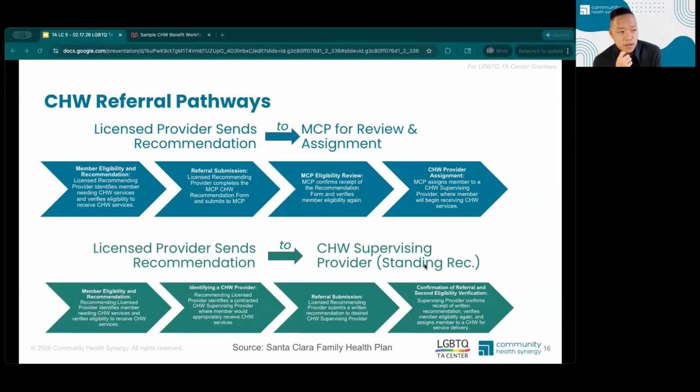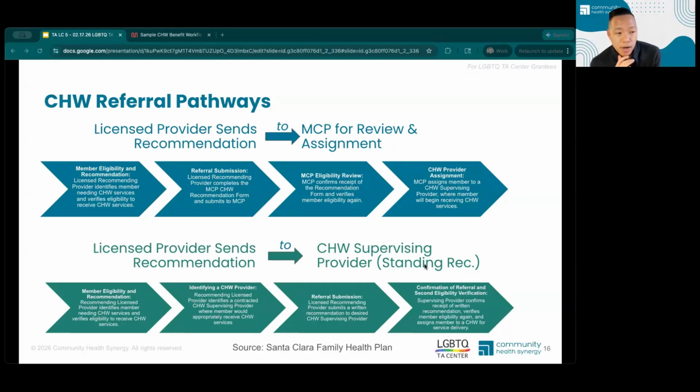It could be just anyone, whether it's in your organization or outside your organization. They can send that recommendation to the managed care plan. They can verify the client eligibility and assign that member to your organization because of alignment and population of focus that you serve. So if you partner with any systems out there, health systems, hospitals, FQHCs, you can establish this kind of referral pathway formally.